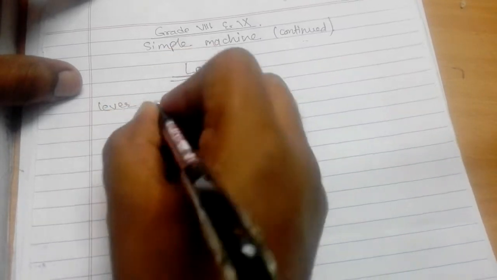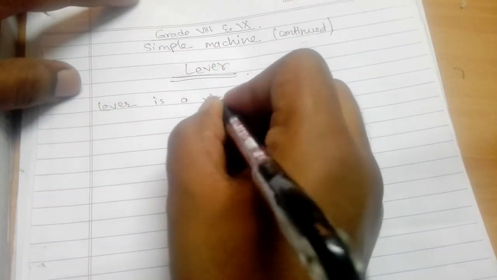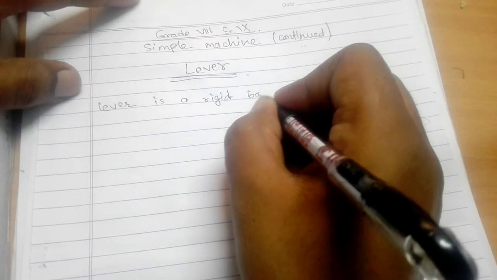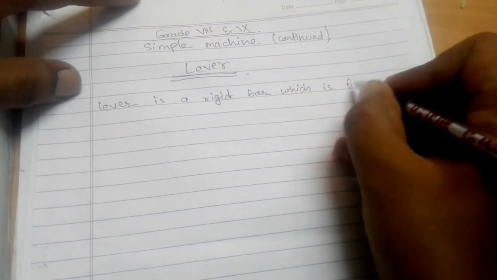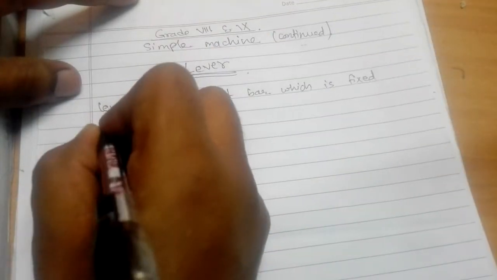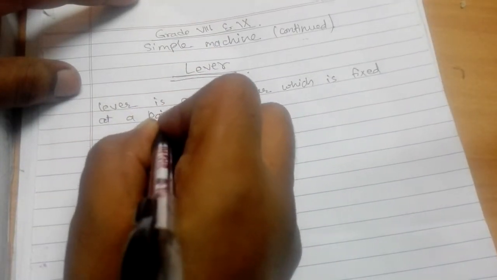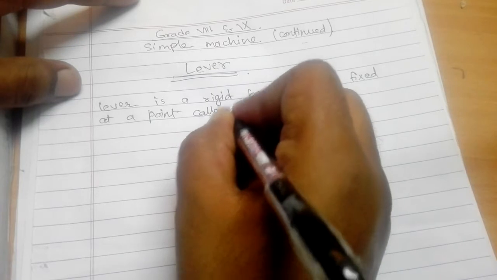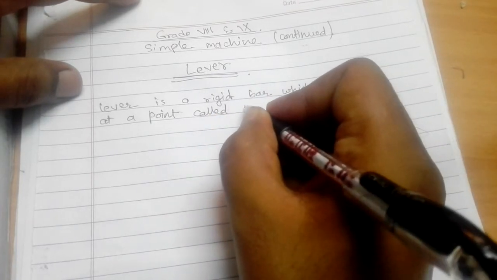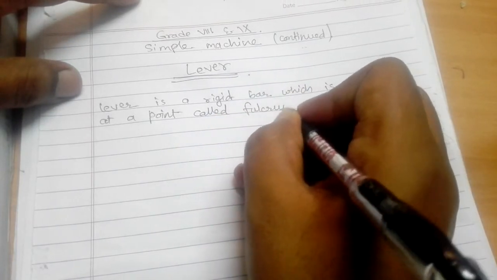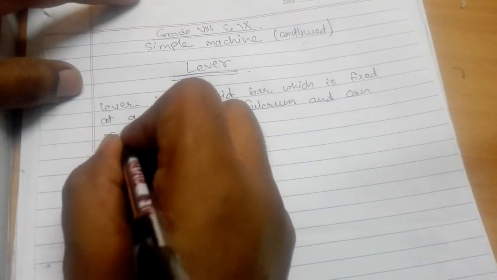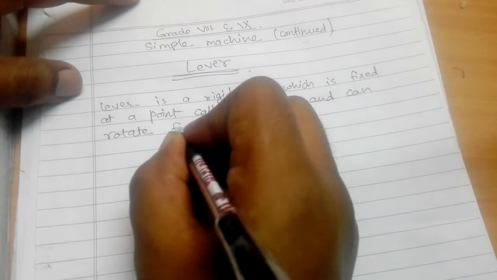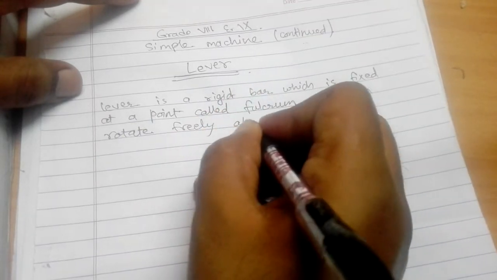Lever is simply a rigid bar. Yes, it is a rigid bar which is fixed at a point called, what do you call the fixed point? You know this, that is called fulcrum. Yes, at a point fulcrum, and can rotate freely about the fulcrum.